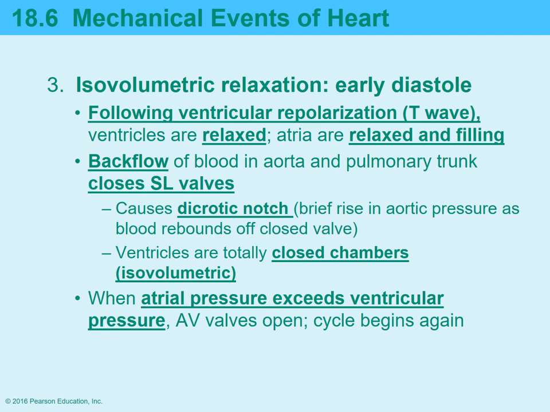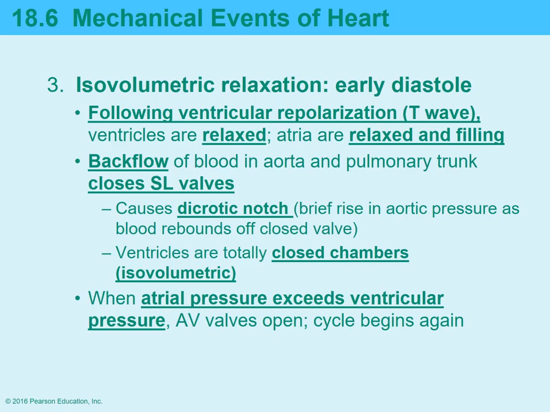Isovolumetric relaxation is going to be the very early diastolic phase. Following the ventricular repolarization, that's the T wave, the ventricles are now relaxed. The atria are also relaxed. They're filling up with blood. The backflow of blood in the aorta and the pulmonary trunk will close those semilunar valves.